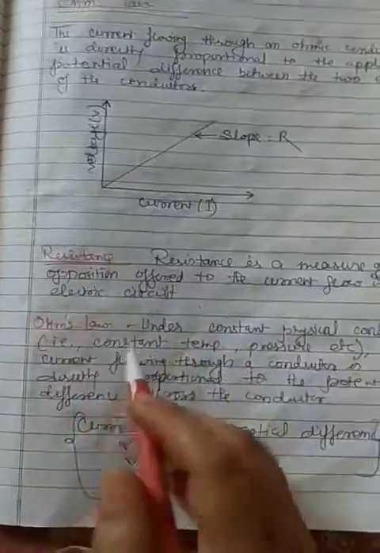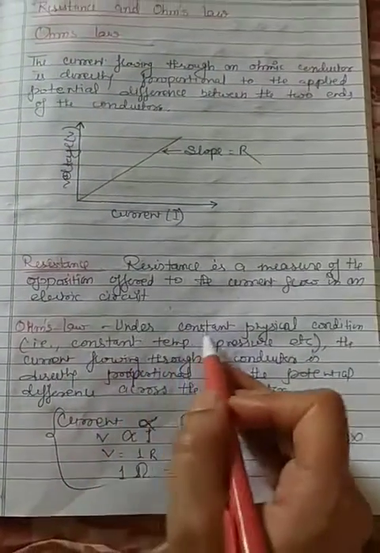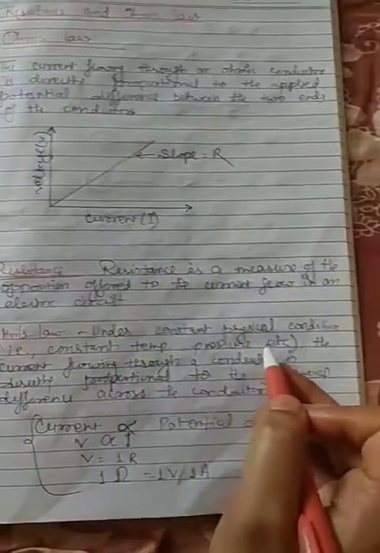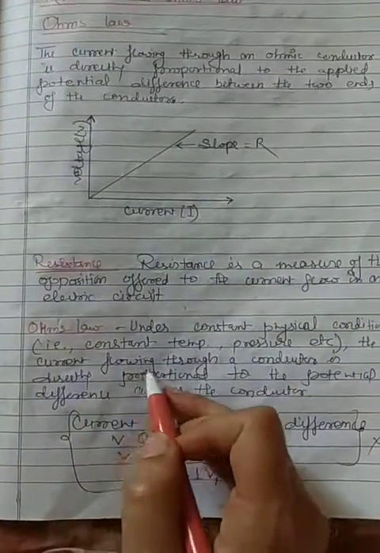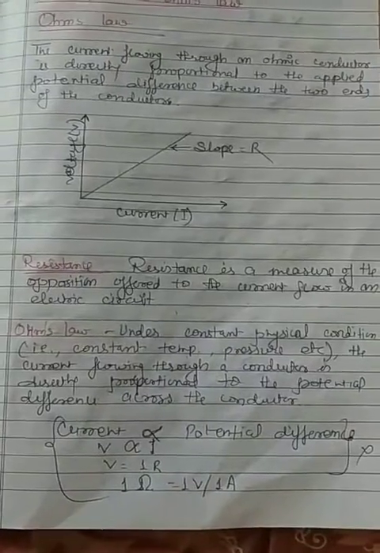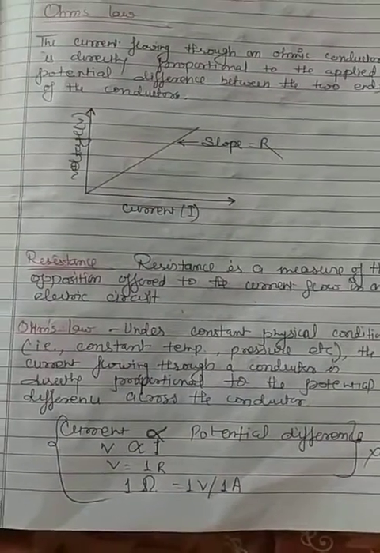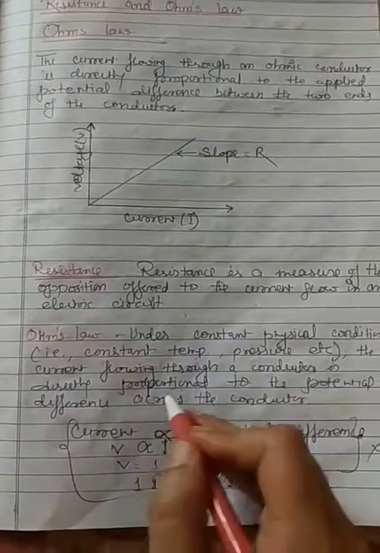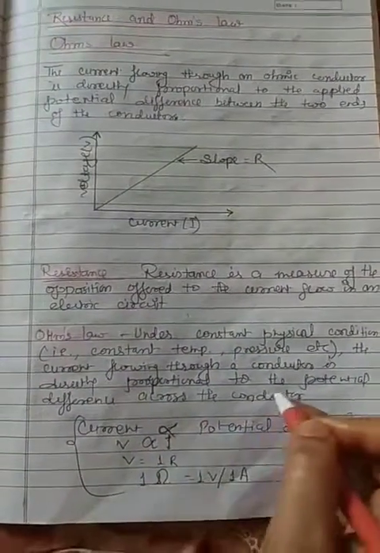Okay, so Ohm's law states: under constant physical conditions like constant temperature, pressure, etc., the current flowing through a conductor, like metals, is directly proportional to the potential difference across the conductor.